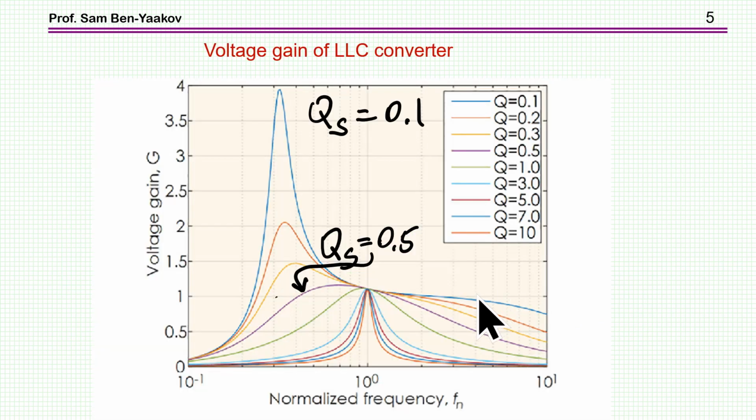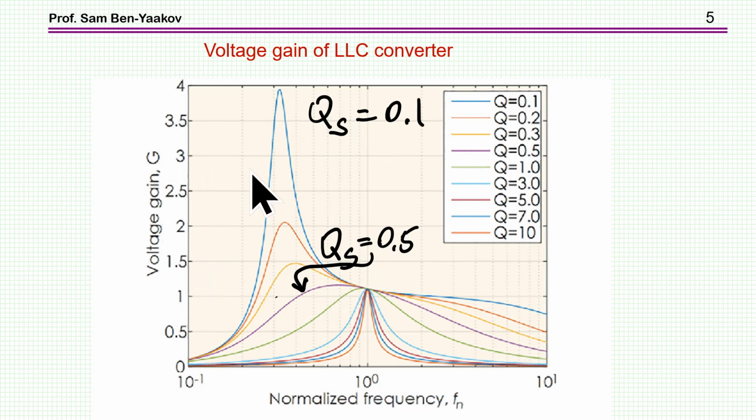Now, usually, customary, I should say, very popular, we are faced with this type of curve. We see here a normalized frequency, and then we have gains, input to output, for given quality factors. And here I've marked two of them, like 0.5 and 0.1.